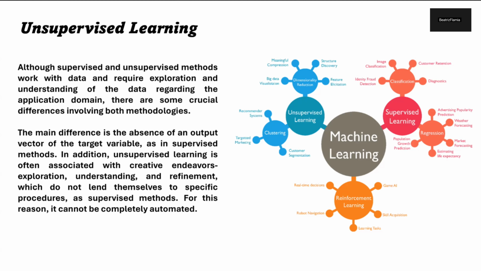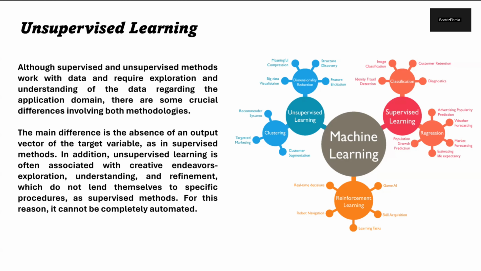In supervised learning, normally we have an output vector. We have something to compare the input vector with the output vector. We have the previous information about what we are categorizing. On the other hand, in unsupervised learning, we don't have the output vector. So we have information to provide to the algorithms, and in the end, we don't have a comparison.